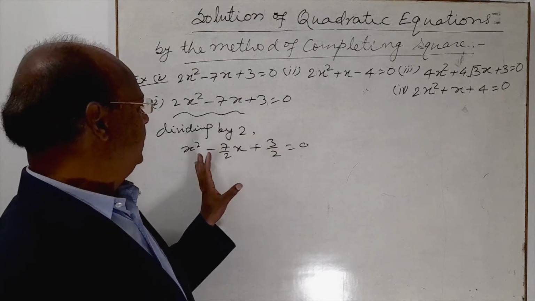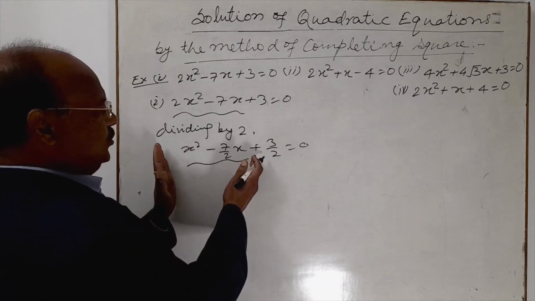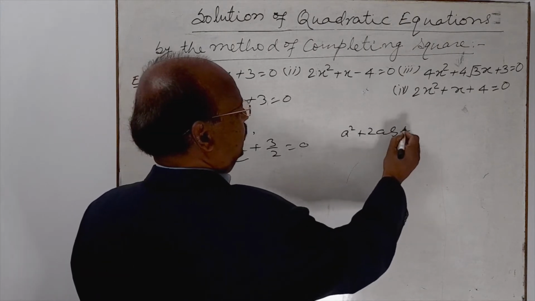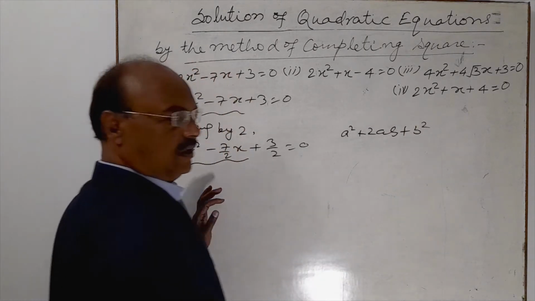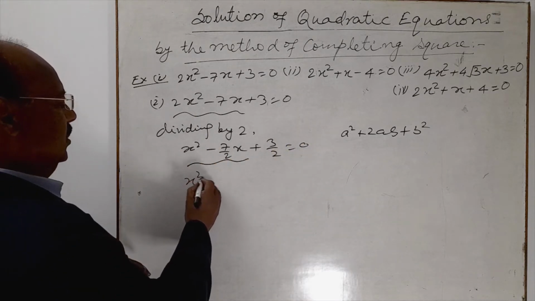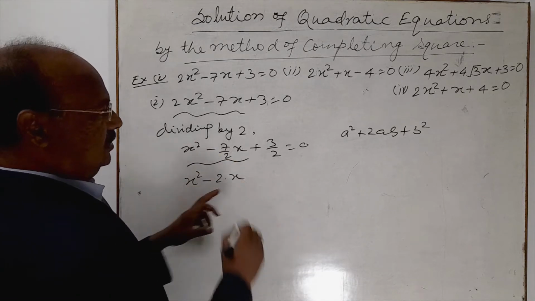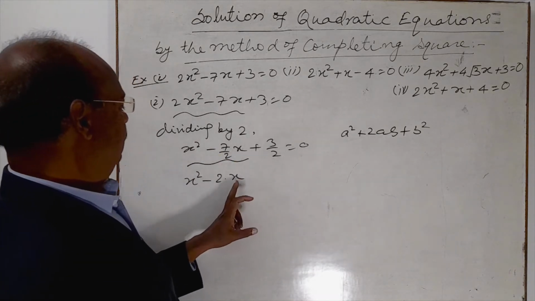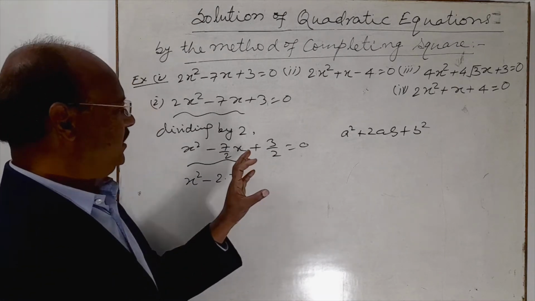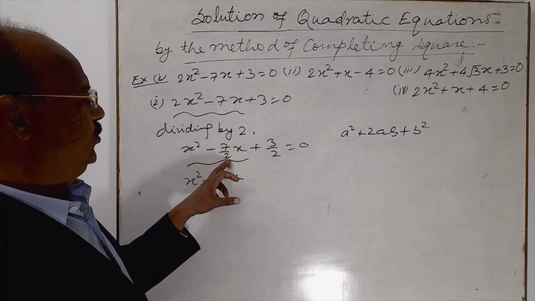For completing the square, we must express these two terms in the form of a square plus 2ab plus b square. Correct? Here a square is x square, minus 2ab, in place of a we write x, and in place of b we select a number such that after simplification it is 7 by 2x.